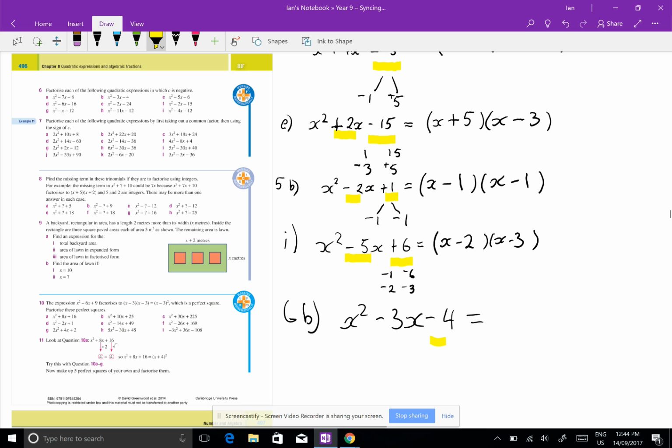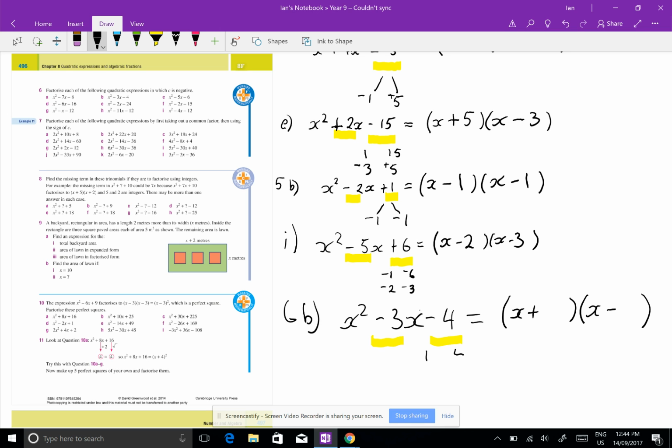Well, I have a negative product and a negative sum. As soon as I have a negative product, I know it has to be x plus something, x minus something. So that means I have to have two numbers who multiply out to -4 but add up to -3.